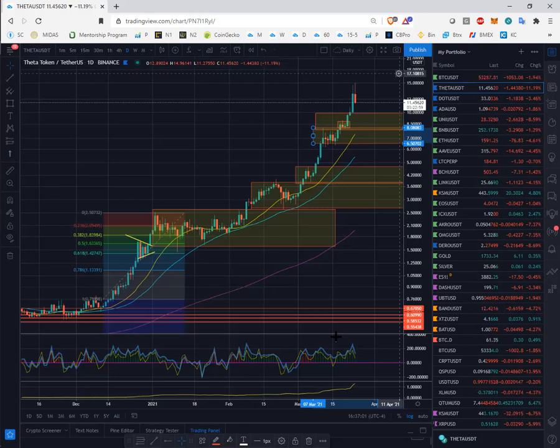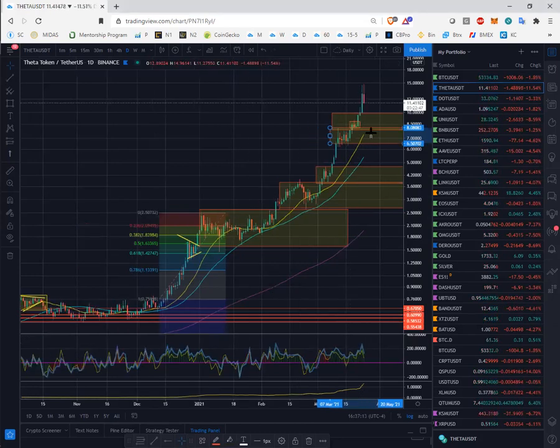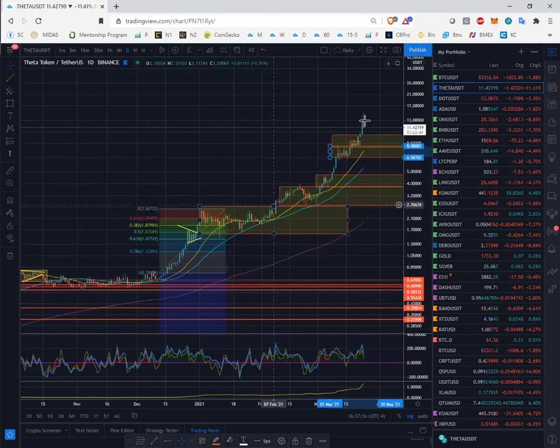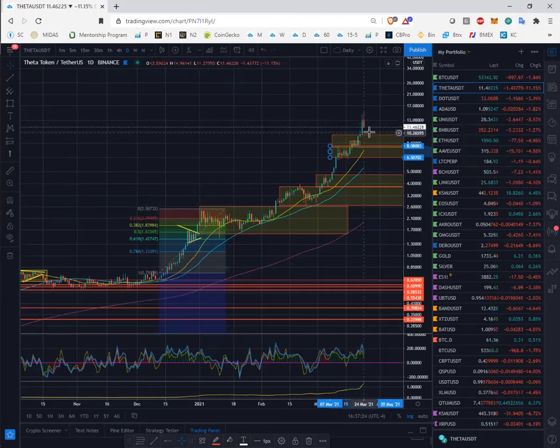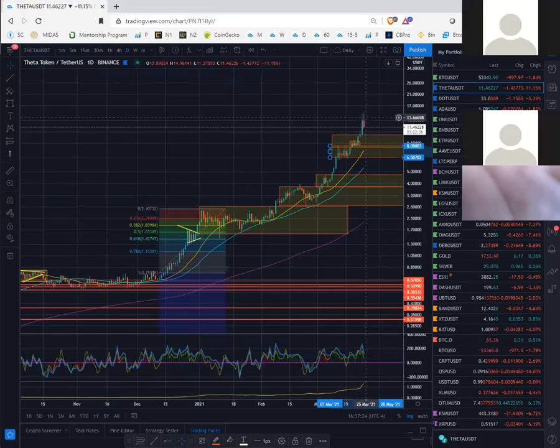But just going back to this example, when you see patterns like this, when you're going parabolic, there's really no good answer in terms of, is this a good trade location? In the short term, is this a good trade location? Yeah, absolutely. The short term is the last couple of days.